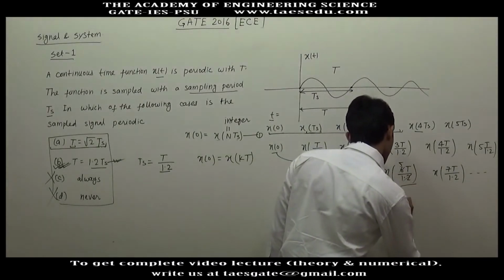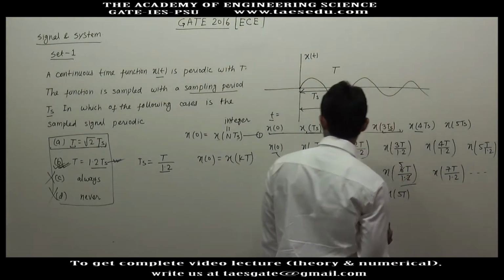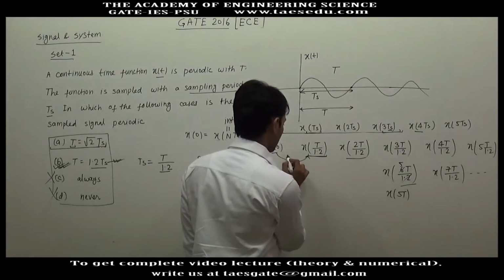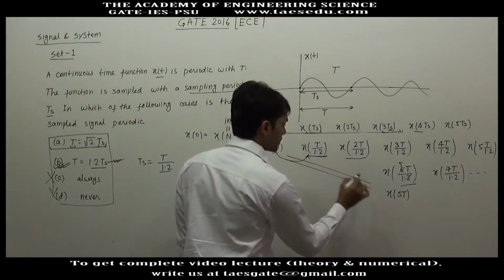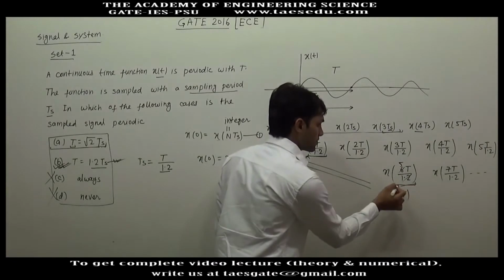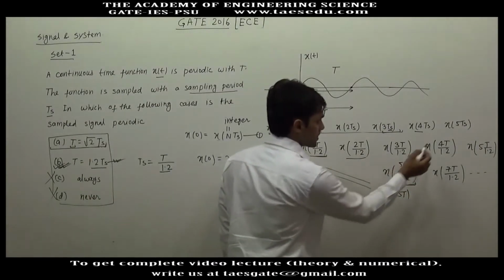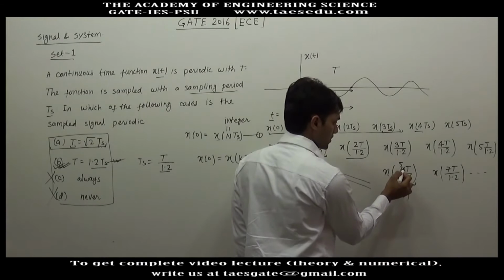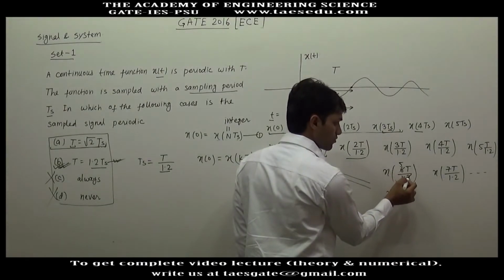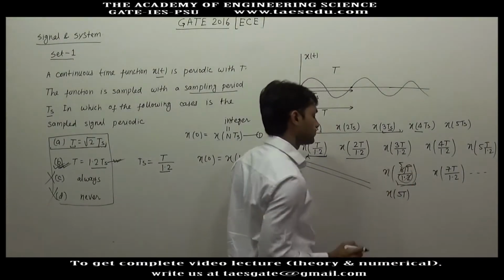So here you are going to get x5T, and x0 is equal to x5T. So x0 is repeated at this instant. This is the 6th sample, since T divided by 1.2 is Ts.